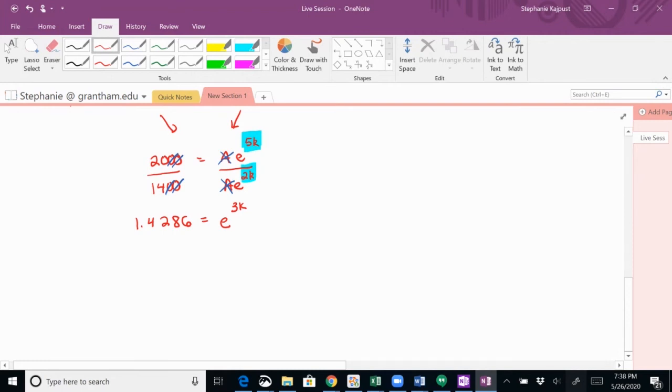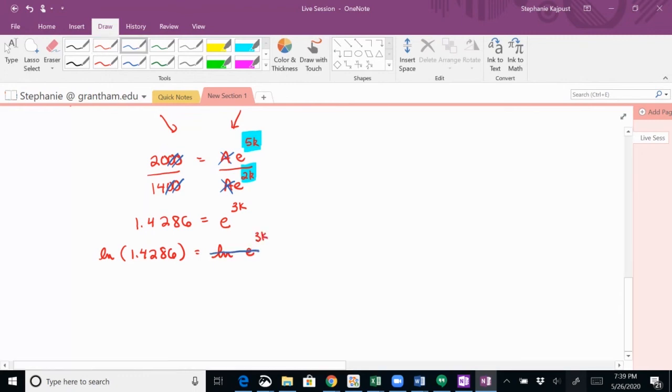So now I have an exponential equation, and I want to get rid of the e because I want to solve for k. We get rid of the e by taking the natural log of both sides. So I'm going to take the natural log of 1.4286, and then the natural log of e to the 3k.